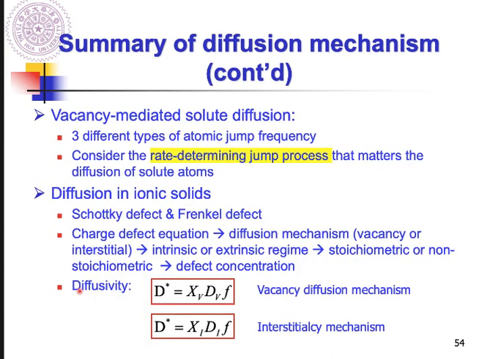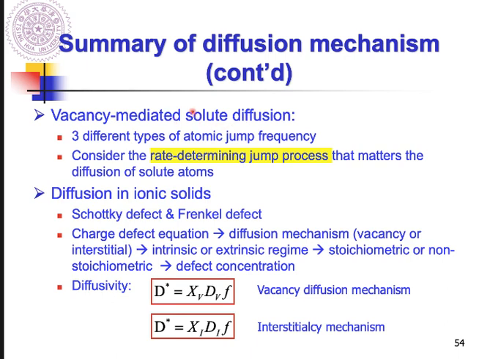In the second part, we added some dopant into the substitutional site, and we wanted to formulate the diffusivity of the solute atoms. The diffusion mechanism also belongs to the vacancy-mediated one.